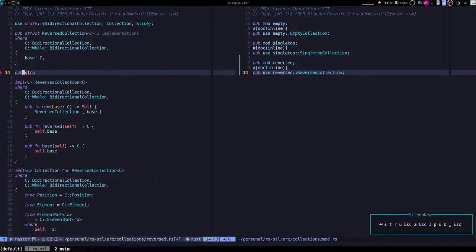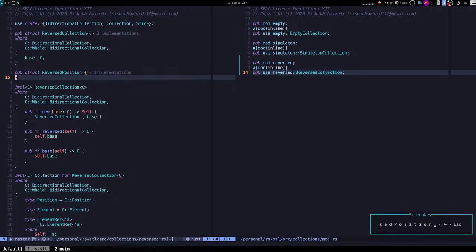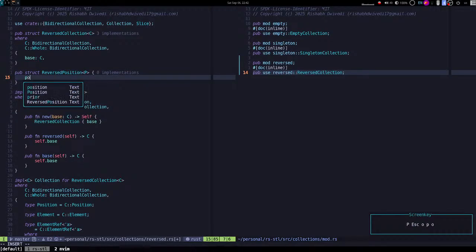So that should be pub struct ReversedPosition of p, okay, and base position is basically p, right?